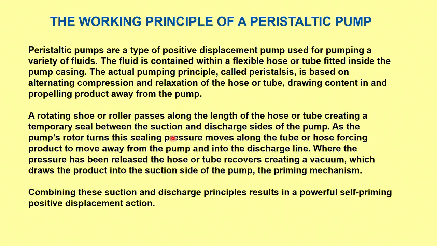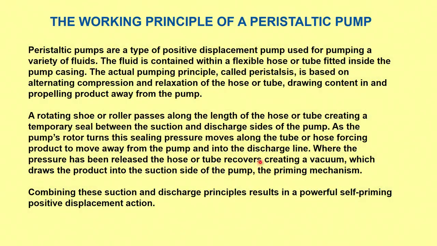Okay. So, the sample gets sucked in and then moves without coming in contact with the pump. So, the tube or the hose forces the product to move away from the pump and into the discharge line.